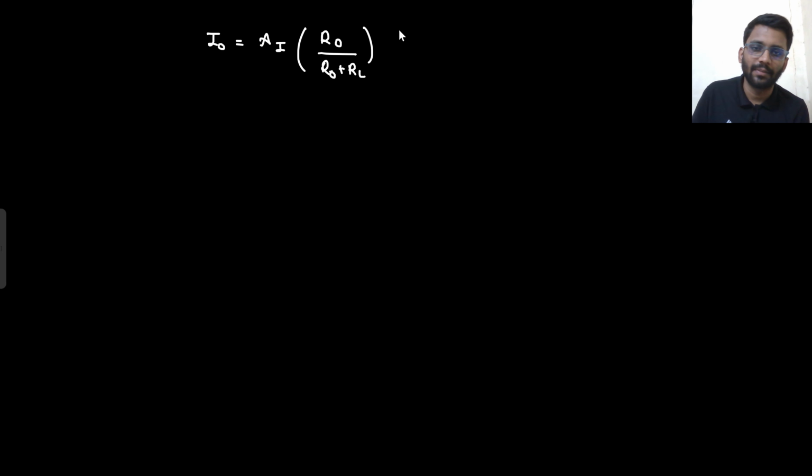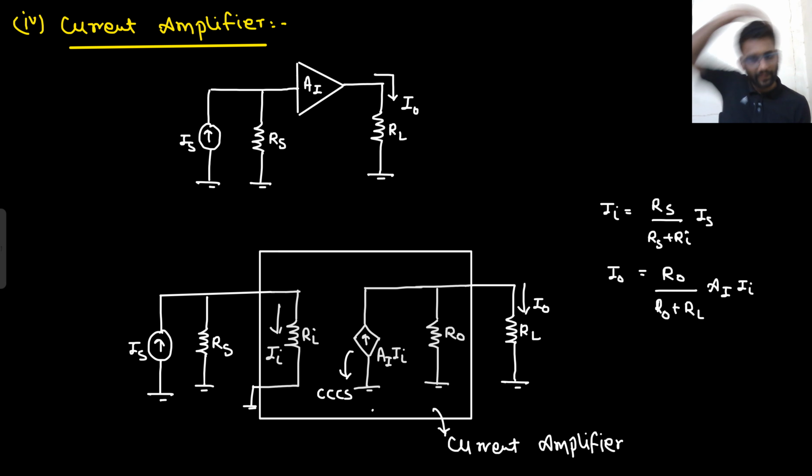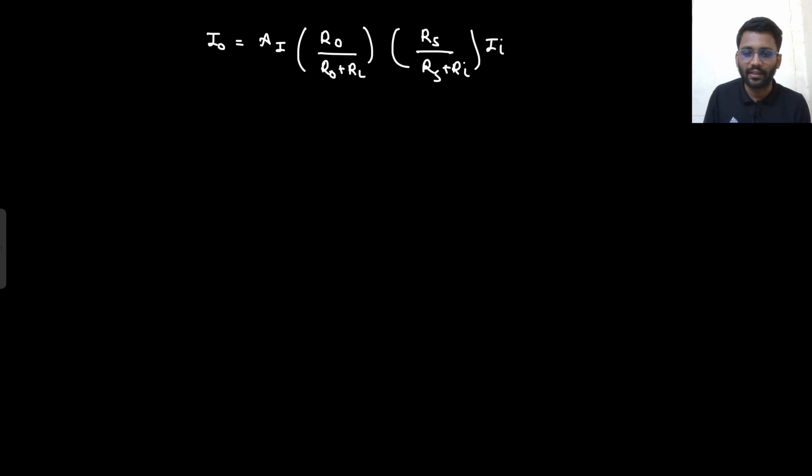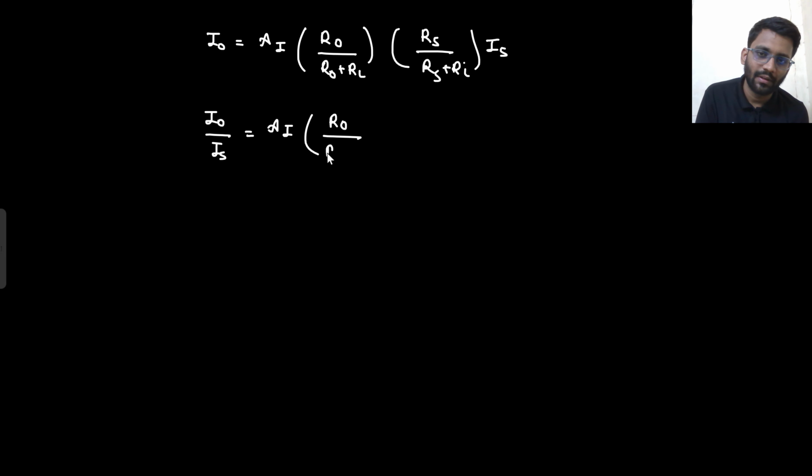I in is Rs upon Rs plus Rin into Is. Sorry, it should be Is here. What will be your I naught by Is? I naught by Is would be AI into R naught upon R naught plus RL into Rs upon Rs plus Rin.